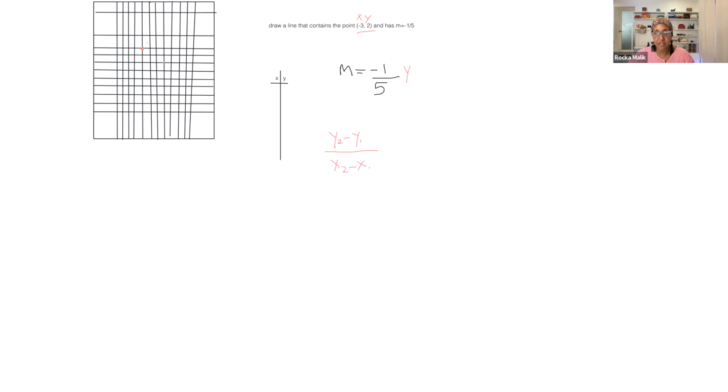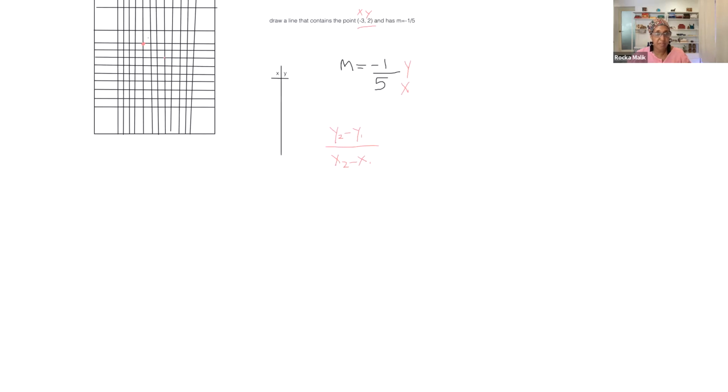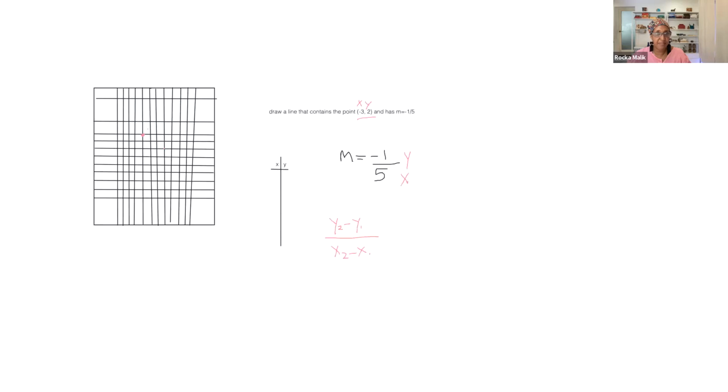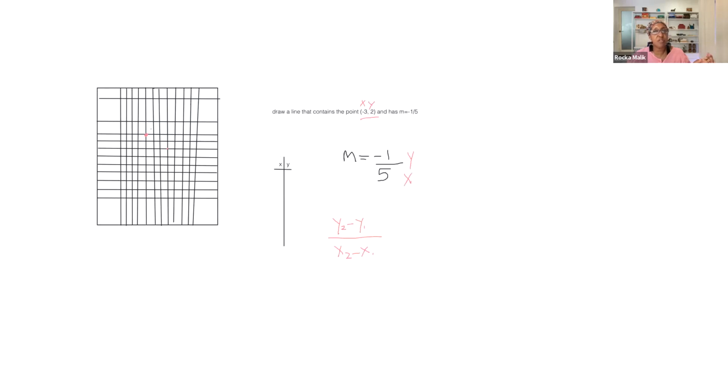The bottom number tells me how to move on the X-axis across. So from this point, I'm gonna go down 1, and I'm gonna go to the right 5. 1, 2, 3, 4, 5. And I'm gonna put another dot there.